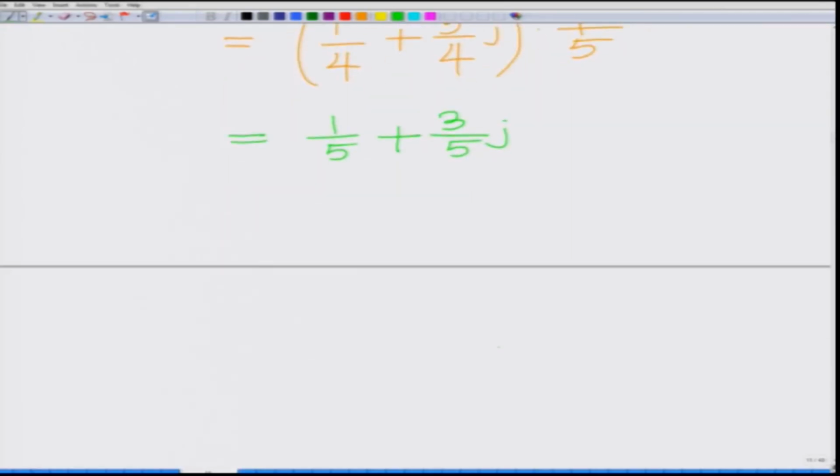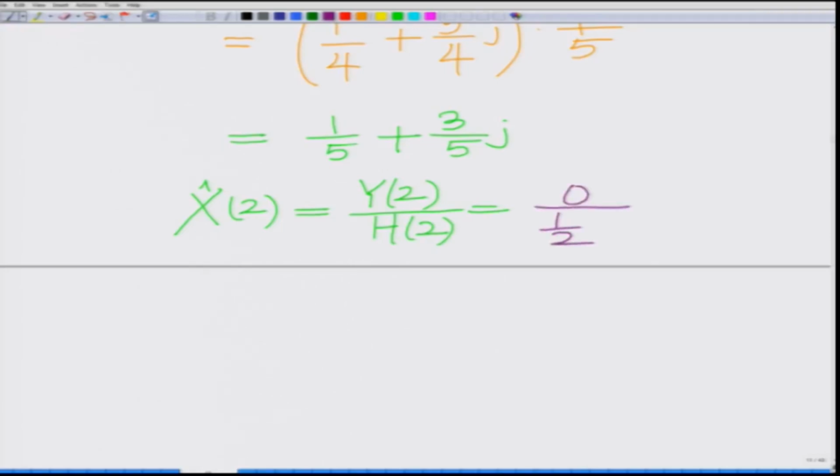And capital X hat of 2 equals capital Y 2 divided by capital H 2, but capital Y 2, remember, the output across sub channel 2 is 0, divided by capital H 2, which is half. So, this is 0.